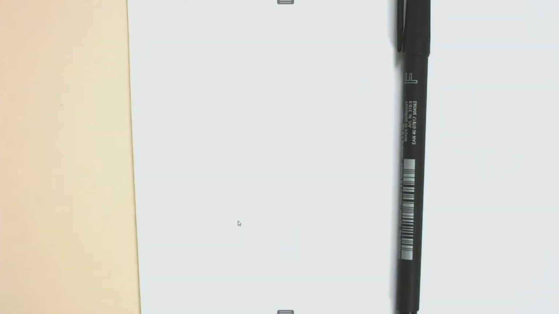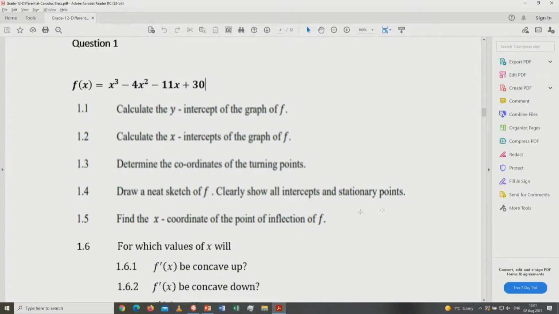All right, and let us go back to our question. We're given the function f of x is equal to x cubed minus 4x squared minus 11x plus 30.